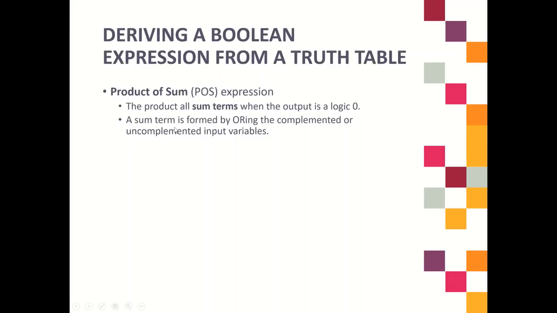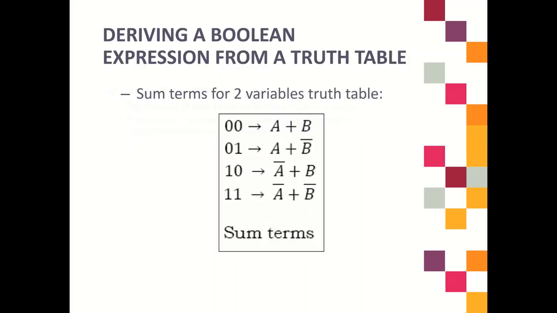And so in this product of sums, okay, you need to perform operation OR, okay, to the variable. Okay, either the variable is complement or not complement. That means by sum term. Right. So this is example of sum terms. How you can get the sum terms.